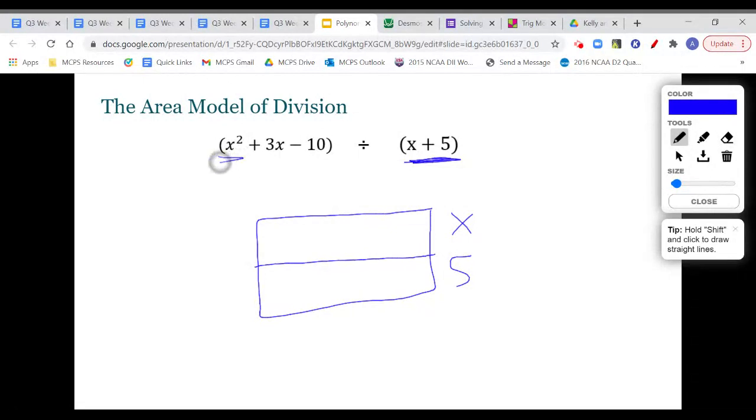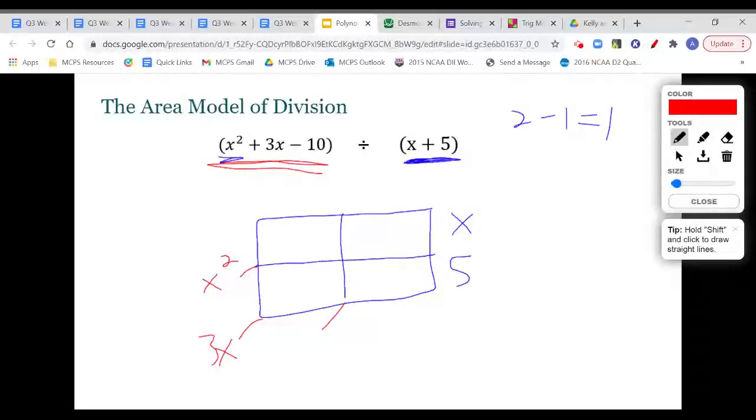So you'll see a degree of 2 and a degree of 1. Since the difference of those, aka the subtraction, 2 minus 1, is 1, I'm going to draw one vertical line, and then I can go ahead and label around the edges of my box with the numerator. So x squared plus 3x minus 10.